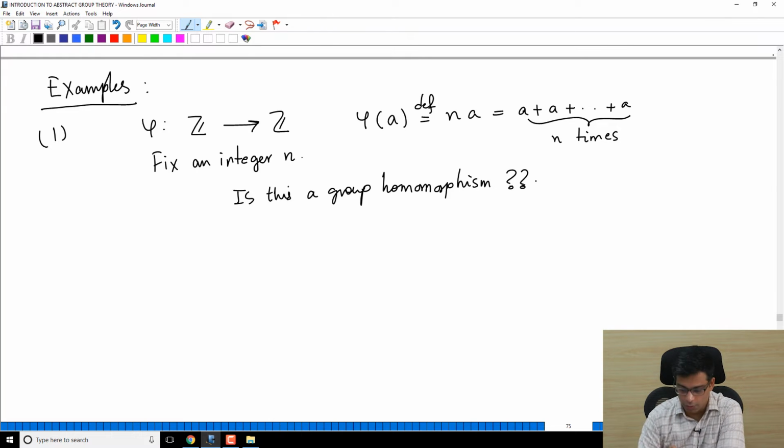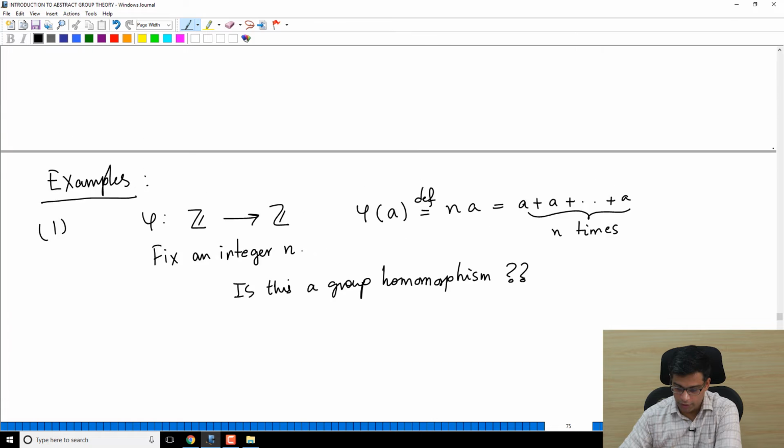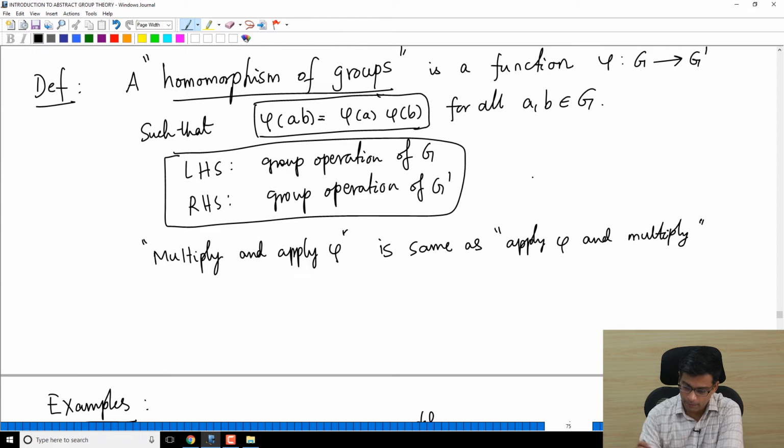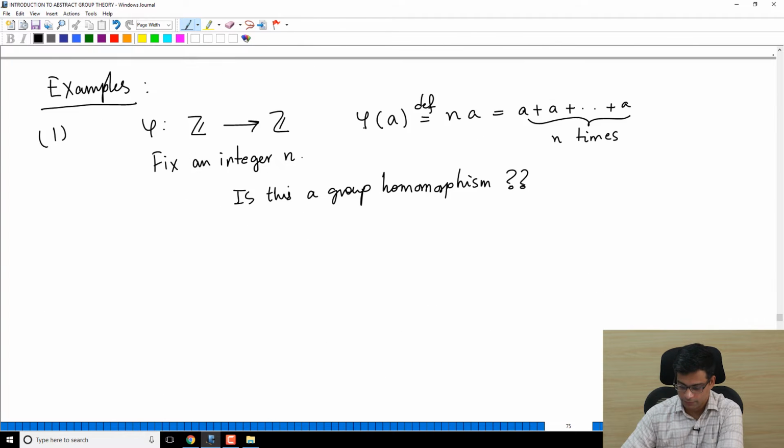Let's check. So remember, what is it that we have to check? We have to check that if you perform the binary operation first and then apply phi, it should be the same as applying the function and then performing the binary operation.